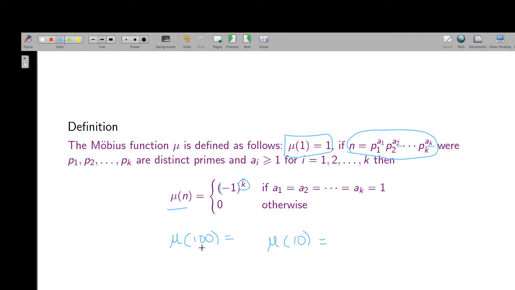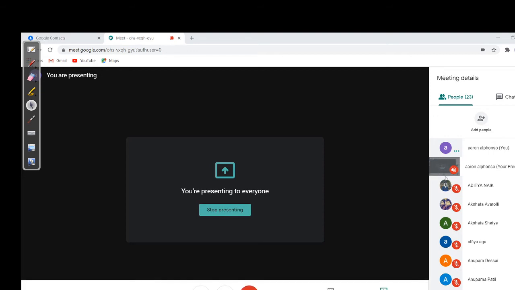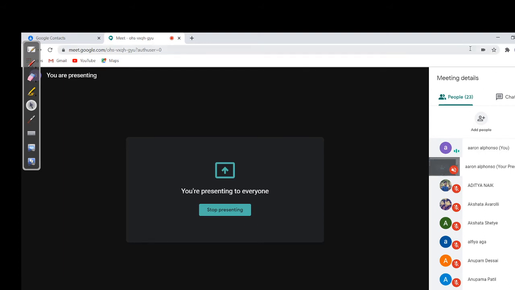What is the prime factorization of 100? Aditya, can you tell me the prime factorization of 100, and of 10?